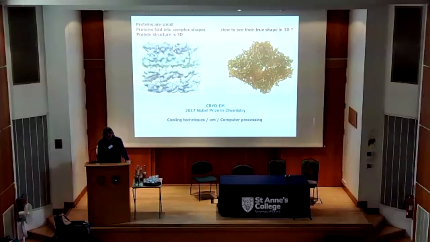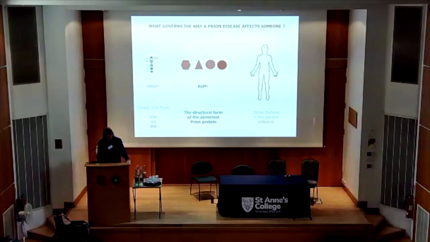But this is a major advance because it allows people to start to look properly at the 3-dimensional shape of these molecules. And I will just remind you that, just as I said earlier on, the shape of these molecules is really critically important in the way that a prion disease affects somebody.